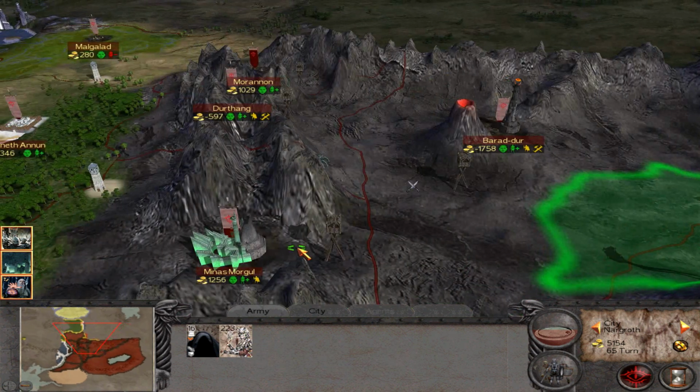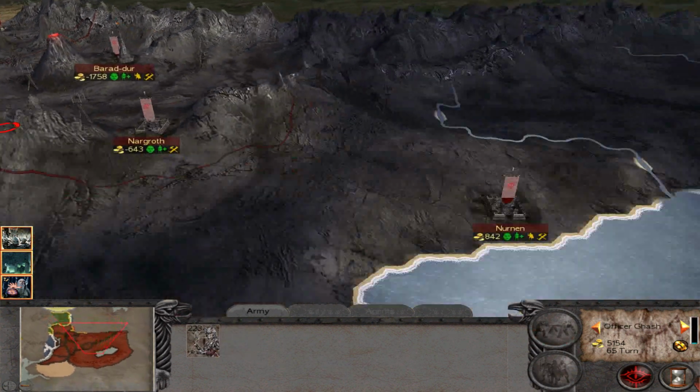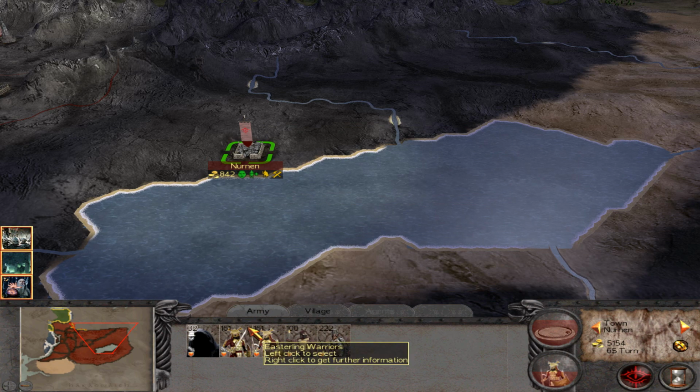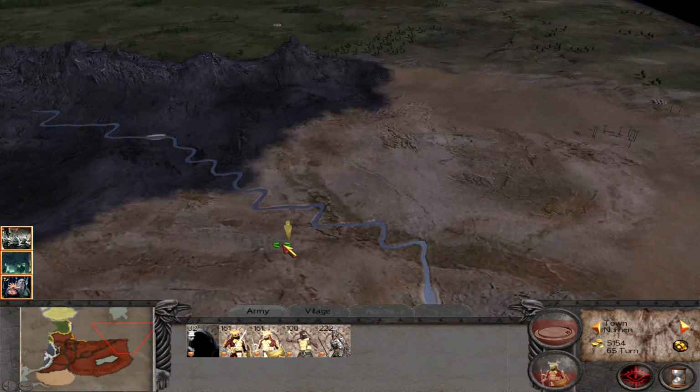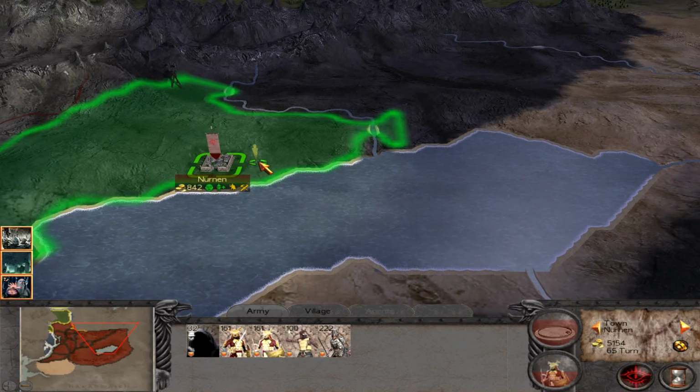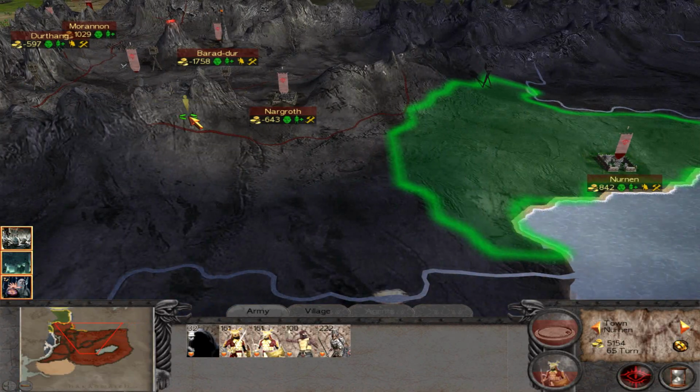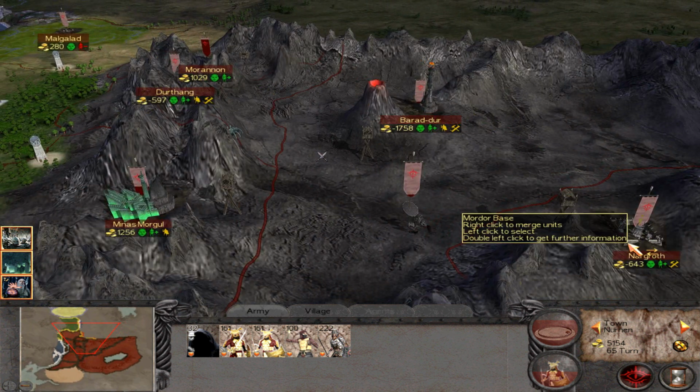An area down here to move these troops, but the enemy could come from here. The Eastlings could come this way and shock us. We'll still move this way.